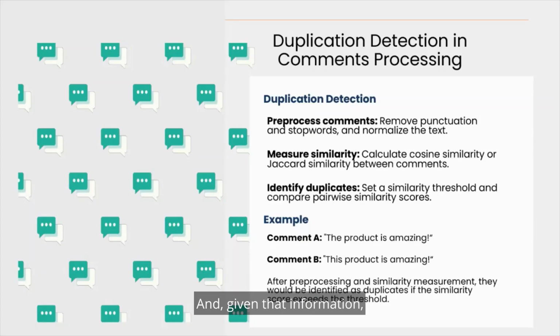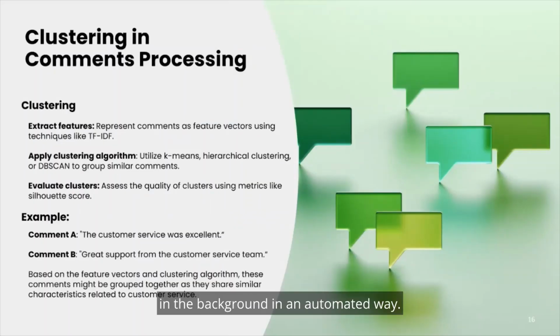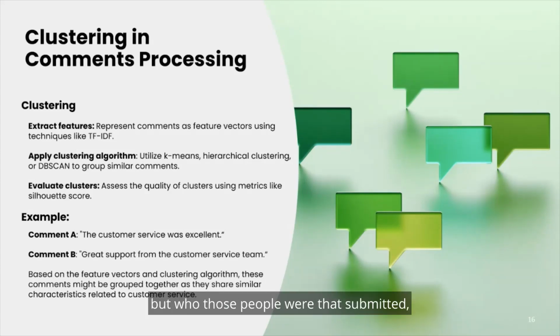And given that information, we're able to do that again with our data science tools in the background in an automated way. We're then able to identify the various clusters of duplicates and determine the relationship within those clusters. For example, of the submitters, and not just the content, but who those people were that submitted.